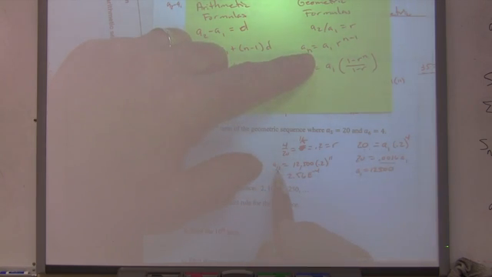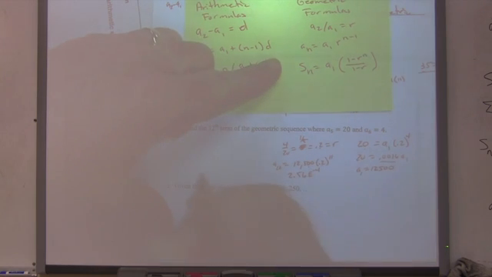So then to find a sub 12, we put in a1 times 0.2 to the 11th power for the n minus 1. That gave me 2.56 e to the negative fourth. Now remember, this is scientific notation, so 10 to the negative fourth power, so that means move the decimal 4 places to the left. And so we get, add 3 zeros, 256 would be our a sub 12. Okay?